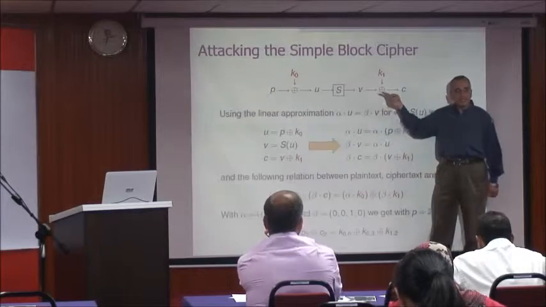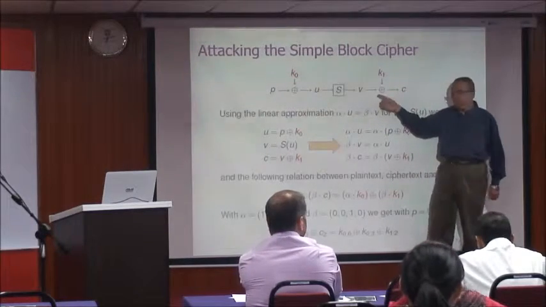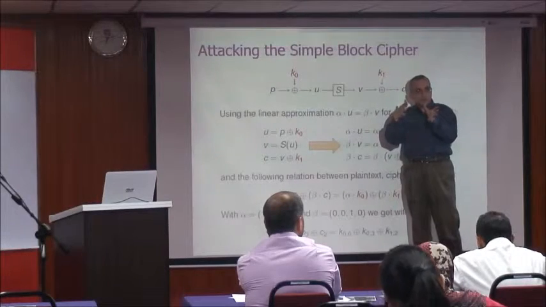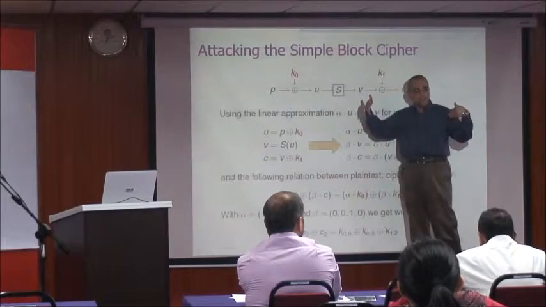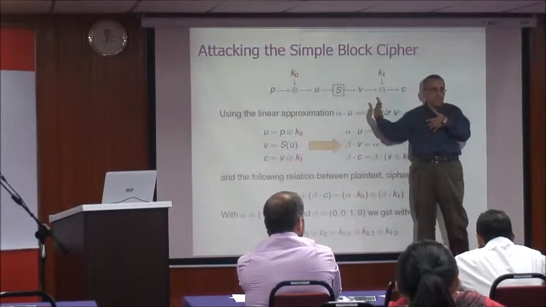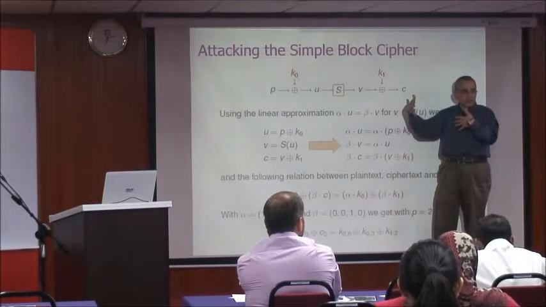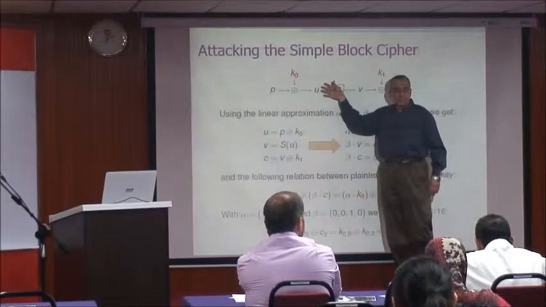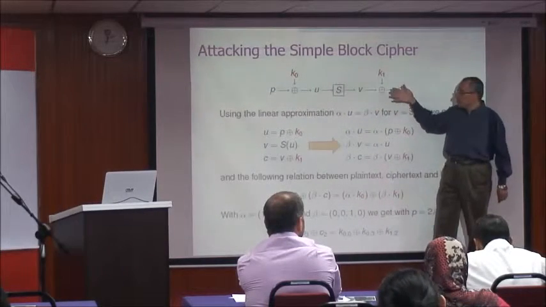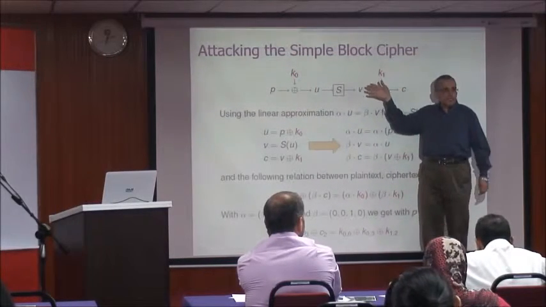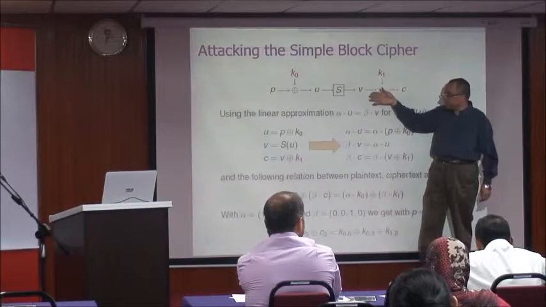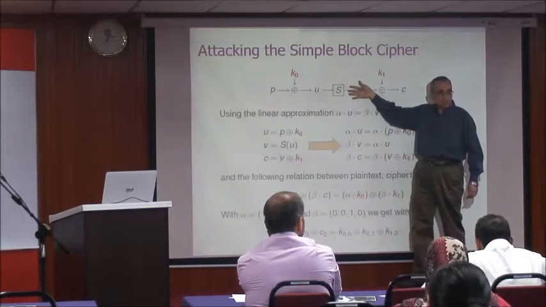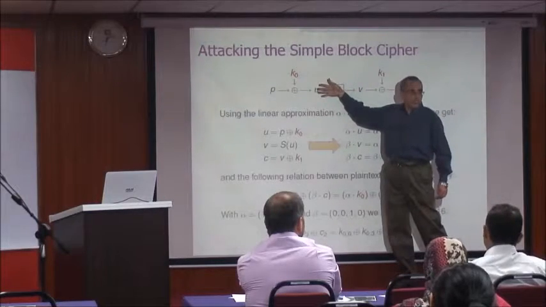So I try to build a linear approximation for this S-box, but I cannot build a linear approximation between all the input bits and all the output bits. It's very unlikely that you're going to find any useful linear approximation that will hold between all the bits here and all the bits here. So what we do is look for a linear approximation that holds between a non-zero linear combination of some of the coordinates in here and a non-zero linear combination of some of the coordinates in here.